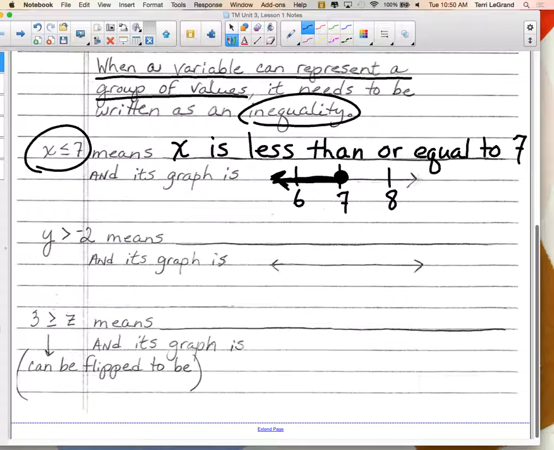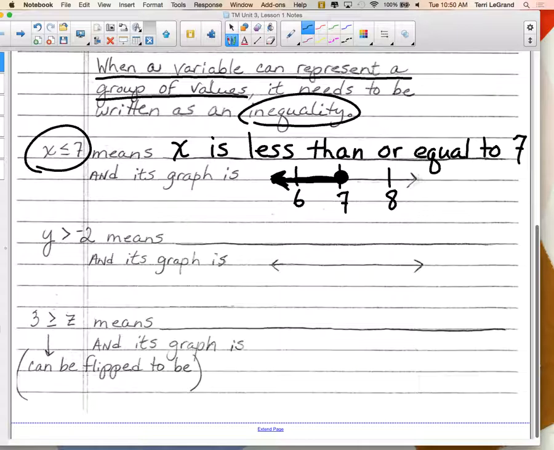Okay, so make a nice shading, including shading the arrow at the end, because there's a whole bunch of numbers going on forever in that direction that are included in this group. So basically what's happening is whatever we shade on the number line is representing x. So x can be 7, x can be any number smaller than 7.